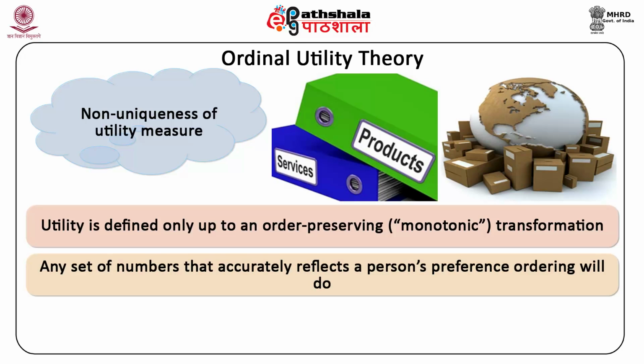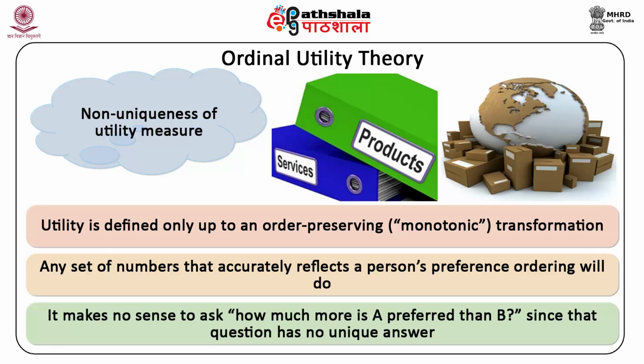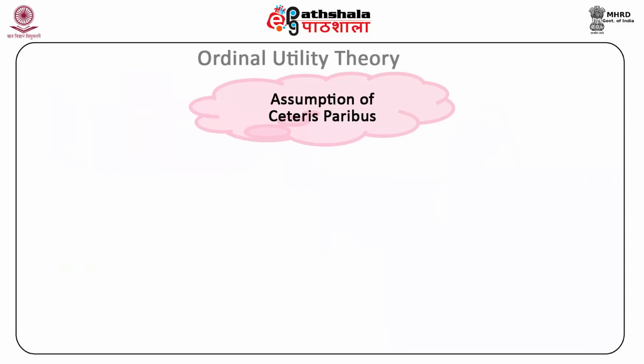Any set of numbers that accurately reflects a person's preference ordering will do. Consequently, it makes no sense to ask how much more B is preferred than A, since that question has no unique answer.